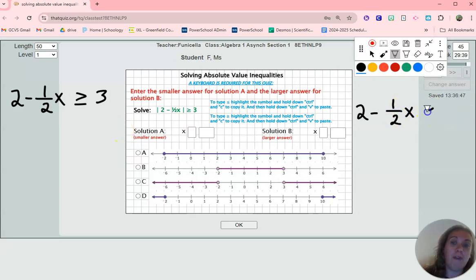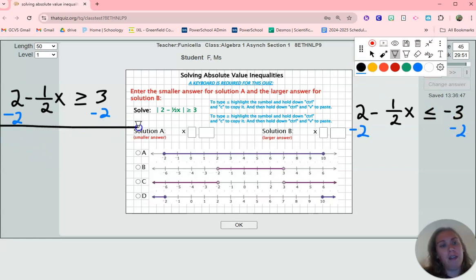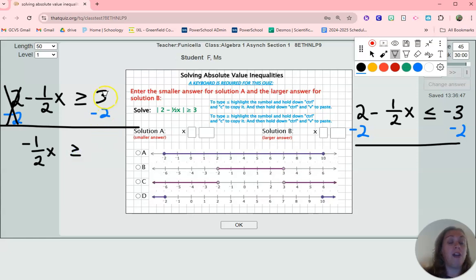And for the second one, we're flipping the symbol, less than or equal to a negative 3. First things first, we're going to subtract 2 on both sides, like so. 2 minus 2 is 0, and we have negative 1/2 x is greater than or equal to 3 minus 2 is 1. Bring down that negative 1/2 x for our second inequality. Negative 3 minus 2 is a negative 5.